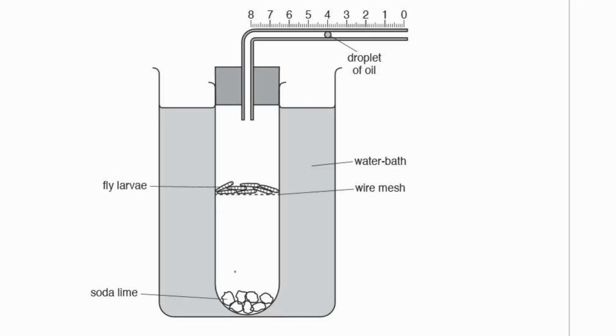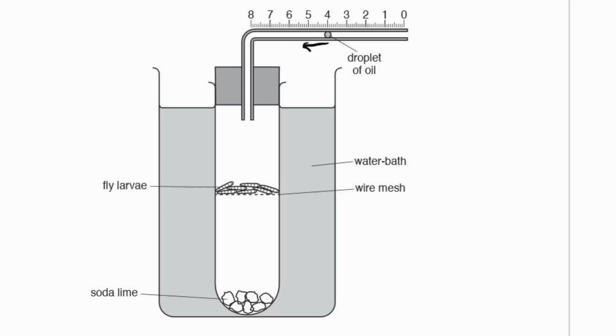And if the fly larvae were crawling all over the soda lime, they would die because soda lime is not good for fly larvae. As they respire, they'll be producing carbon dioxide, which will be absorbed by the soda lime, and they'll be using up oxygen. So this little droplet of oil will move that way. They'll be using up the oxygen, and the carbon dioxide that they produce will be absorbed by the soda lime.